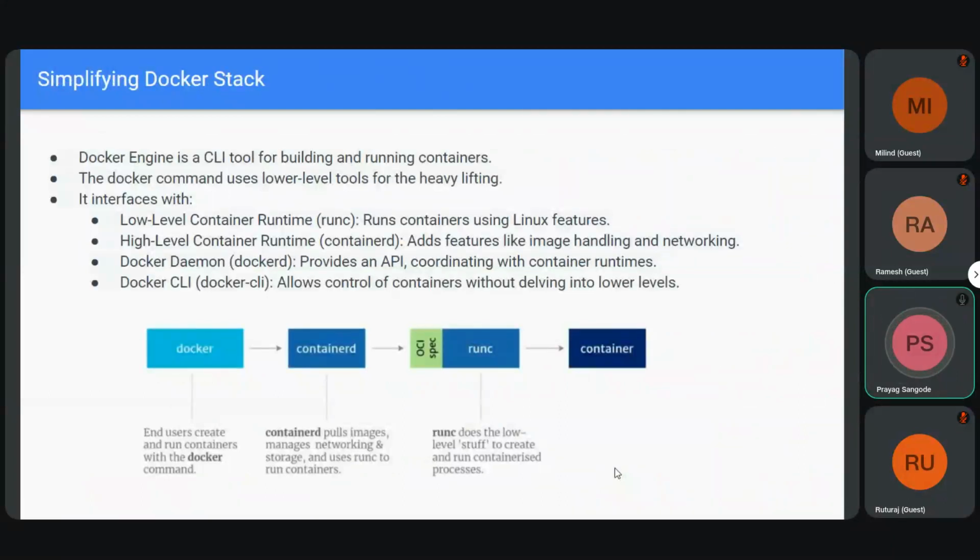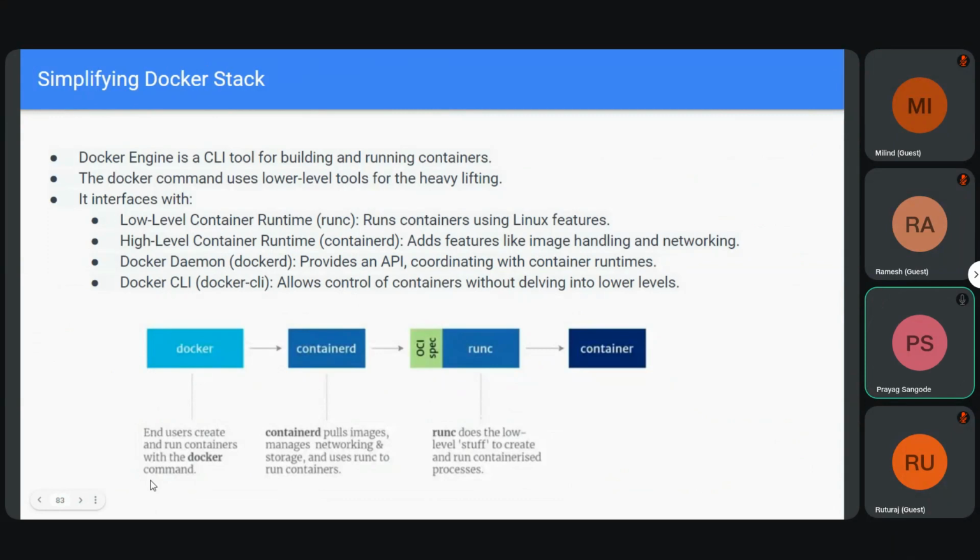Though this is not directly related to Kubernetes, till now we learned about Docker. We used to say that Docker is running the containers, but it also has some low level components. Whenever we run a Docker command, it calls containerd, the high level component, which is responsible for image handling and networking.